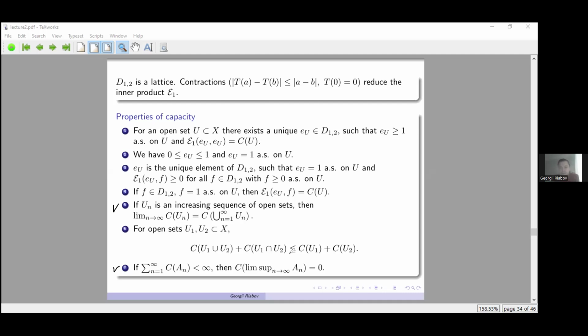If we consider a measure of the union plus the measure of the intersection, by additivity we will get the measure of one set plus the measure of the other set. We don't have this property for capacity. We only have an inequality.